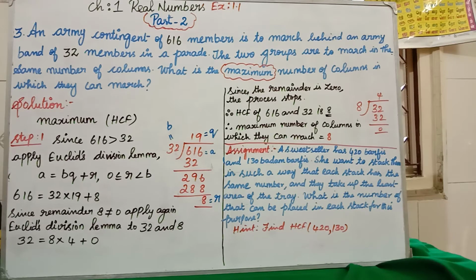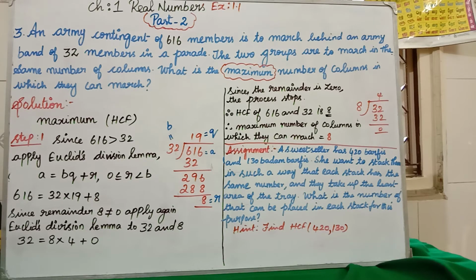Now, in part 2 itself, we will see the third question. The third question is: an army contingent of 616 members is to march behind an army band of 32 members in a parade. Behind the band, they want to march. The two groups are to march in the same number of columns.